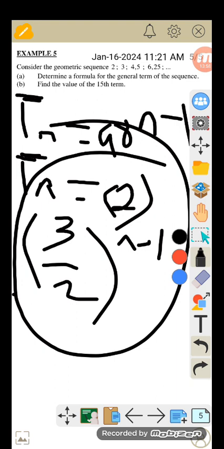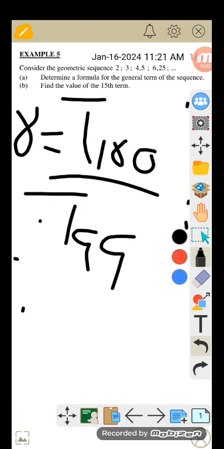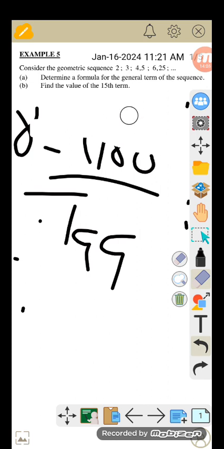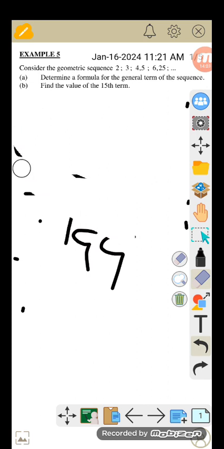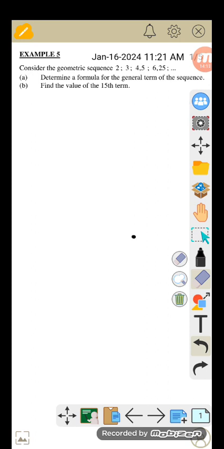Let's hear what they say here in number B. They say find the value of the 15th term. We have our general formula, Tn.